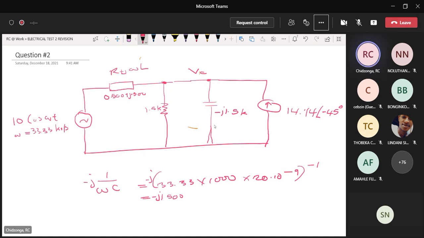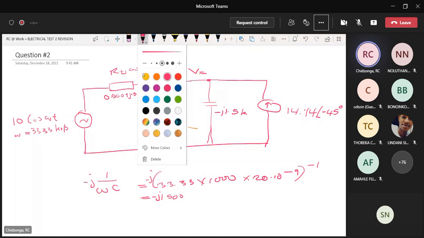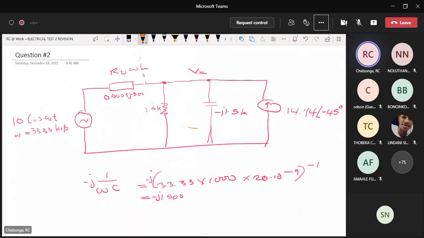Let's call it VC. We are going to use node analysis. This is quite simple. We just have to apply nodal analysis.